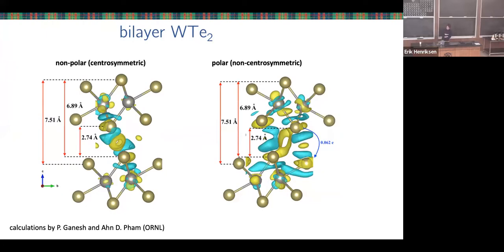The point of that calculation was to figure out what happens to the edge states, but presumably you would be able to calculate what the layer polarization of the bands were as a function of pressure. I don't know what the answer is. I don't even have any instinct about what the answer is, just because it relies so strongly on a very particular arrangement of the bands. I just don't know what would happen.